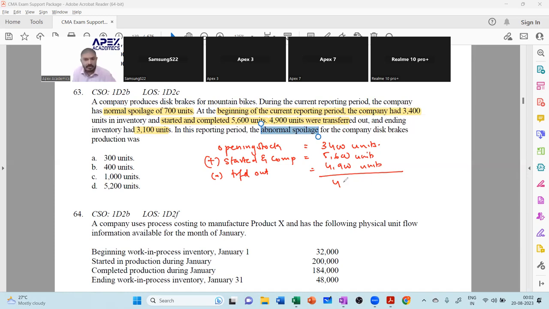You should have 4,100 units in hand. Now there is also normal loss, which is how many? 700 units. So this is how much? 3,400 units. This should be left with you.